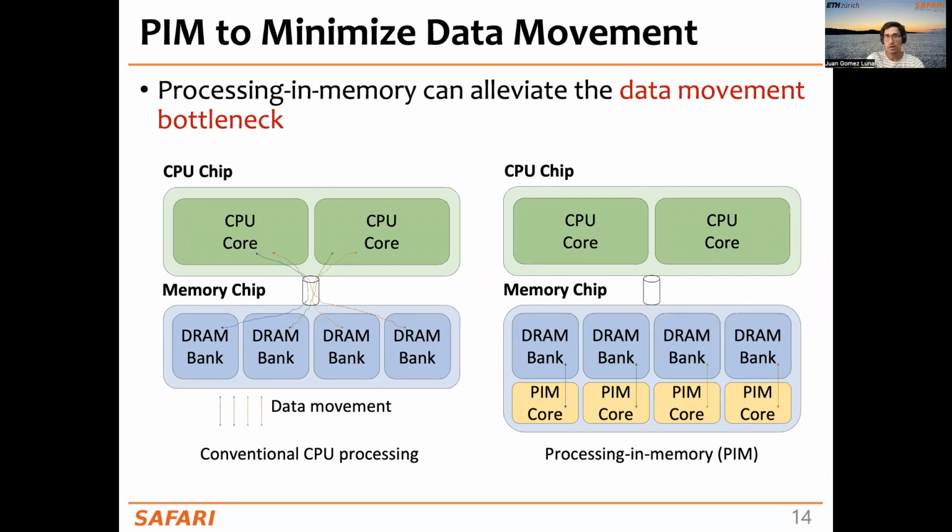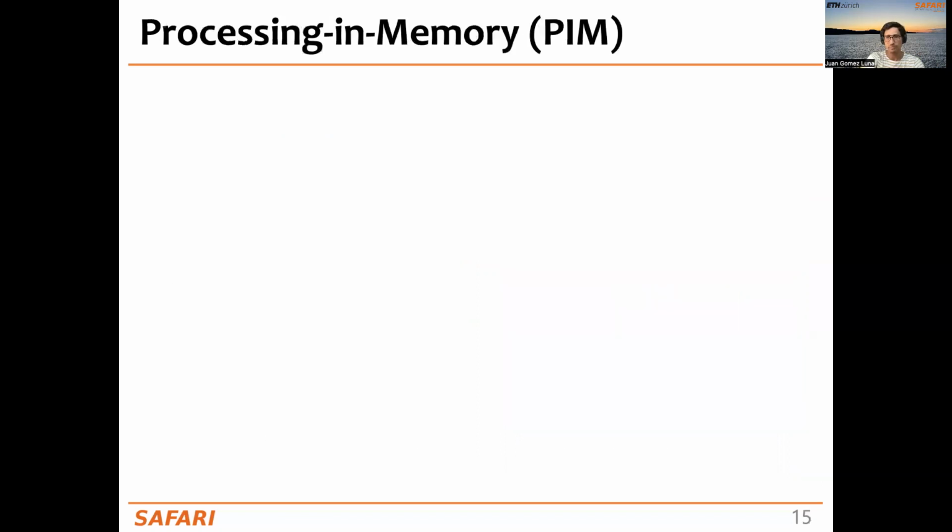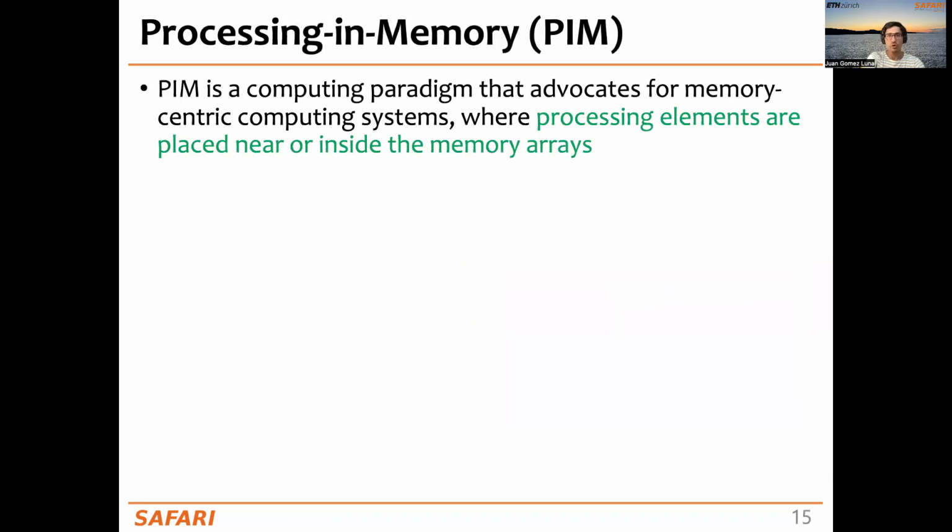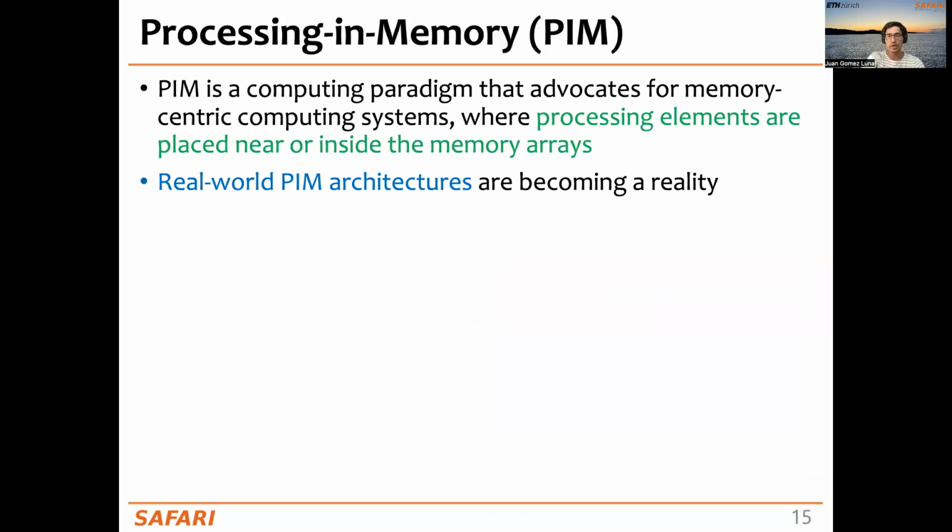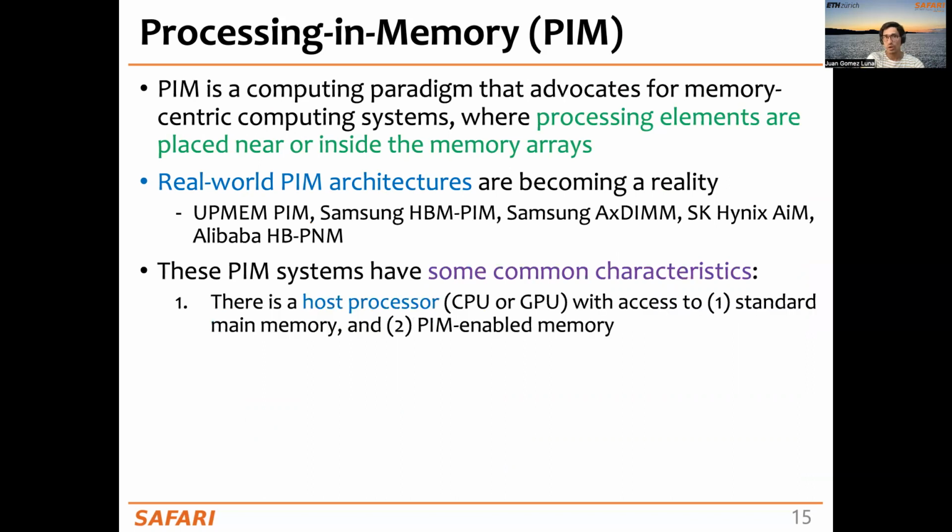As you see on the right-hand side of the slide, PIM cores have direct access to their own DRAM bank. This could be one processing-near-memory system, and this way the aggregated bandwidth, the total bandwidth, is going to be much, much higher.